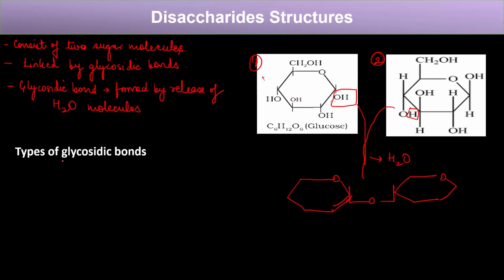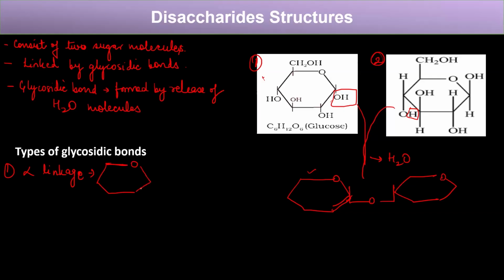Okay. Now, if we talk about the types of glycosidic bond, we have two types. The first type is known as alpha linkage, or alpha glycosidic bond. The alpha linkage will look something like the structure that I have drawn. So from where will it be formed? Suppose both of the sugar molecules are alpha.